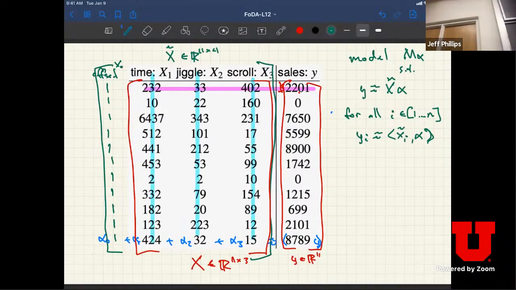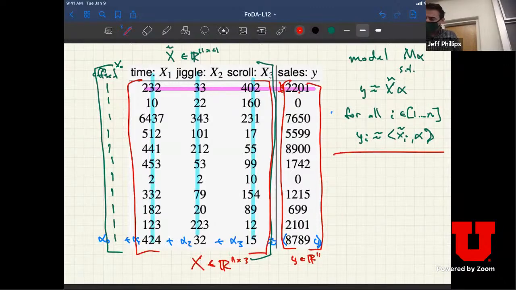I'm saying that this whole y vector column on the right will approximately be this matrix multiplied by alpha. I can encode this all in linear algebra this way. The output of x tilde alpha is going to be an n-dimensional vector, and I want the whole vector to match. And so I can solve this, and we'll talk about how to solve this next.